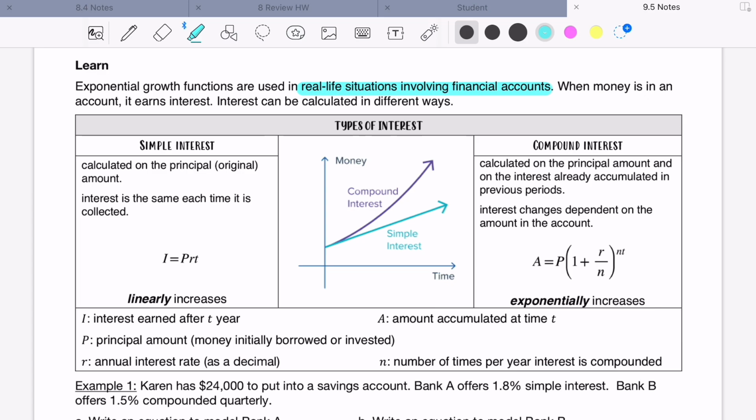So the first way is simple interest, and in simple interest, it increases linearly, that you get the same amount each time. And then we have compound interest, which is what we're going to be focusing on more today, which is it increases exponentially. You will receive the interest formula on the test. Okay.